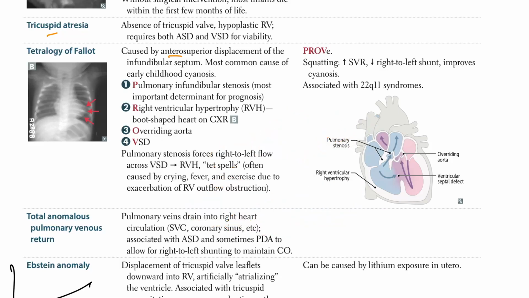What else you might see? Okay, we said VSD, so you will see a VSD murmur. What is a VSD murmur? Again, the VSD murmur we did here in the cardiology. That's the harsh systolic ejection murmur, right?